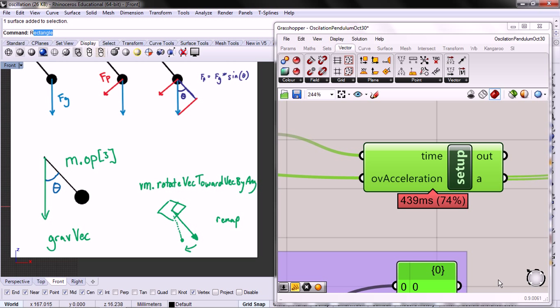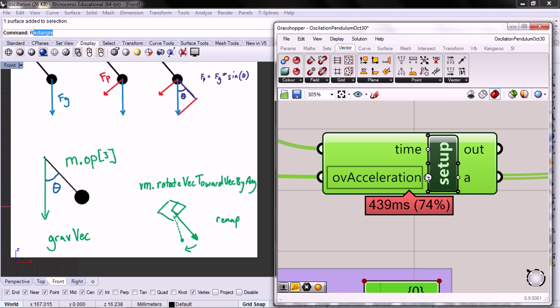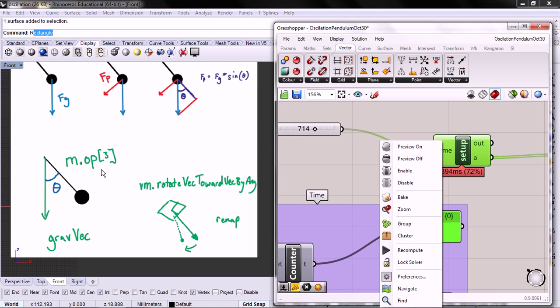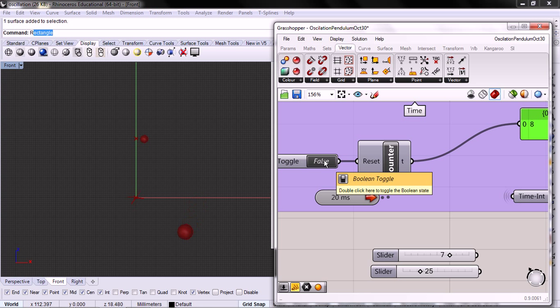Let's see if we get any bugs. We're not getting any bugs. We don't need acceleration anymore because we're not dependent on that. So let's run this and see what happens. Okay, so it's working how we want it to. This down here is our pendulum, and this is the velocity.